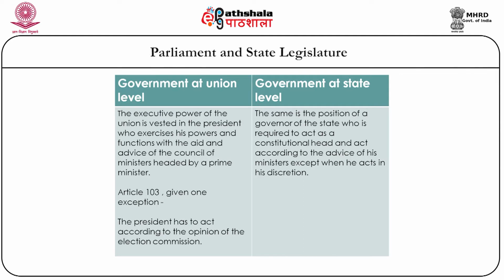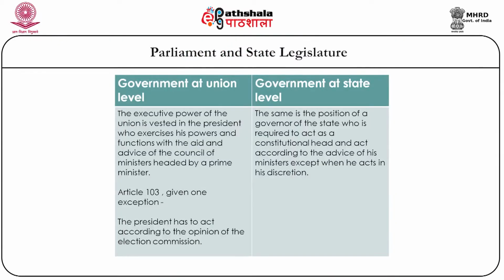So, we can conclude here that Article 103 is the exception to the rule where the President is the executive head, and here the President will act according to the opinion of the Election Commission and not on the advice of the Council of Ministers.